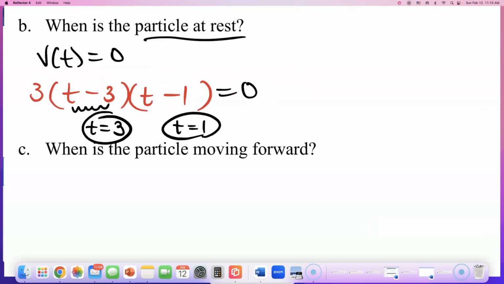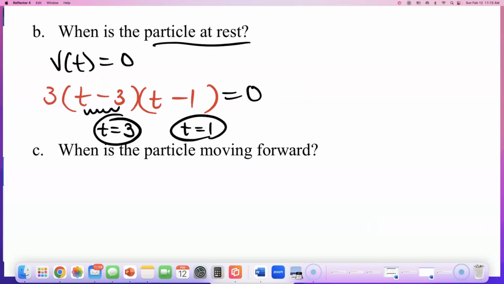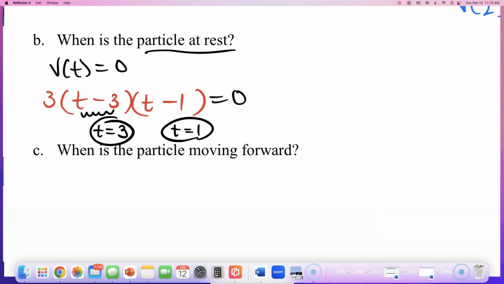So this interesting little particle is stopped. Let's say these are the times: 0 seconds, 1 second, 2 seconds, 3 seconds. What happened is that after running for about 1 second, this particle stops.